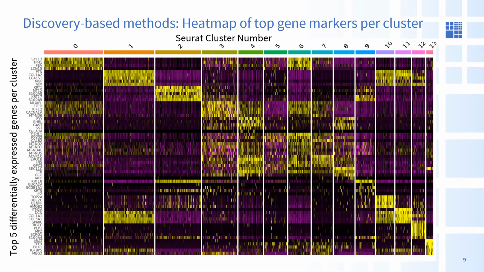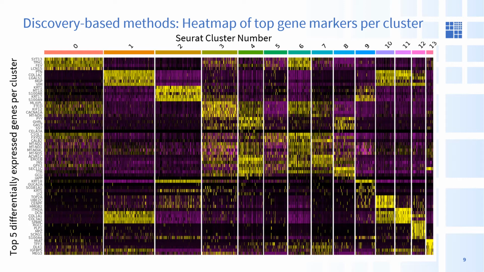So once you've taken a target or cell population-based approach, it's also useful to take a discovery-driven approach to your single-cell analysis, which is where this heat map comes in. Here we're just looking unbiasedly at the top 5 most differentially expressed genes per cluster in the top 500 cells per cluster that have the most variable gene expression in them.